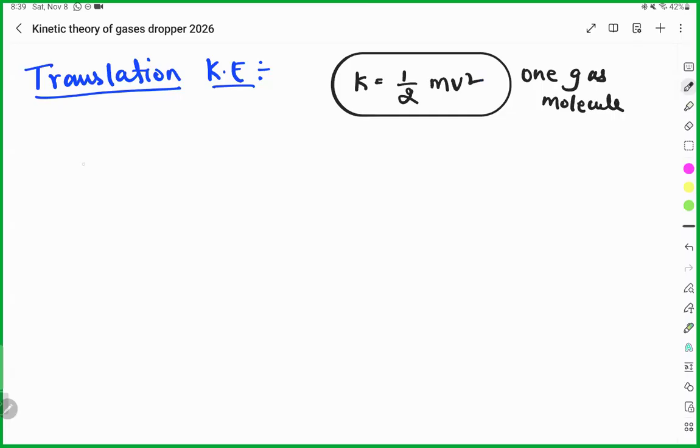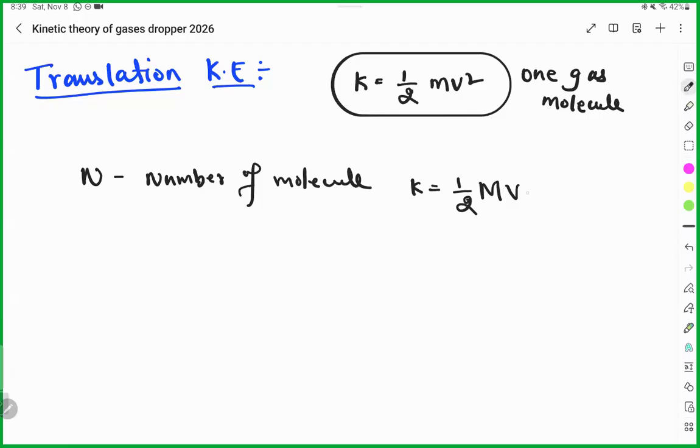If you take n number of molecules, so how to calculate this? Kinetic energy of the total gas will be half capital M V square.